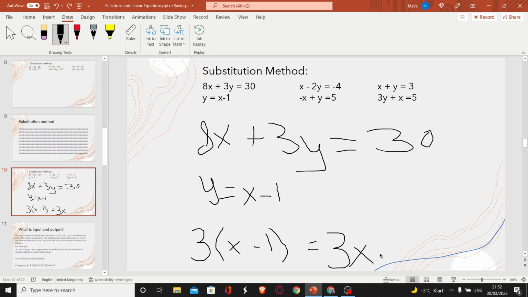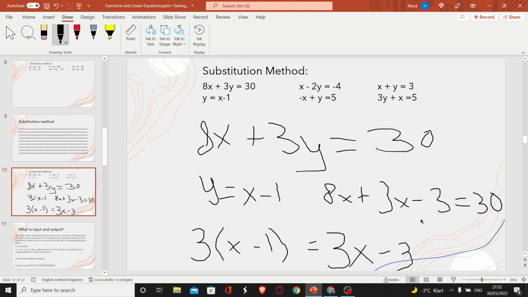Minus 1 times 3 is minus 3. So we know that 3y is the same thing as 3x minus 3. And now I'll write 8x plus 3x minus 3 equal to 30.